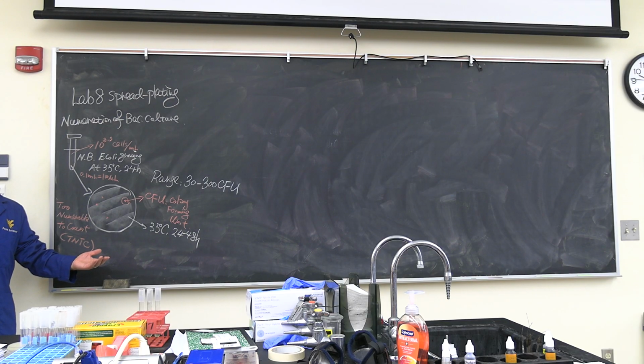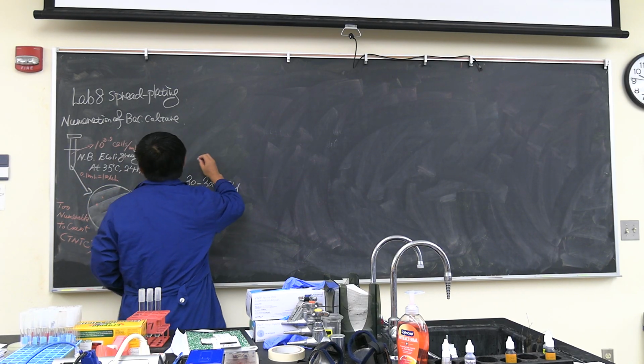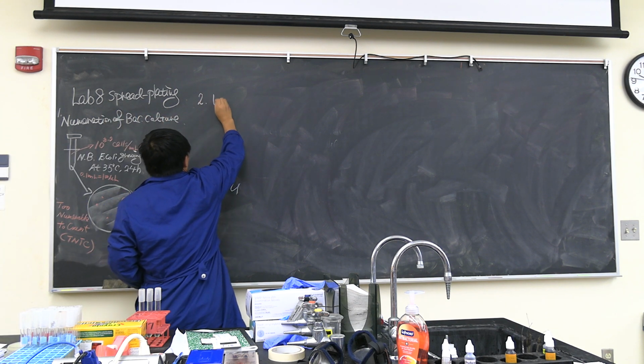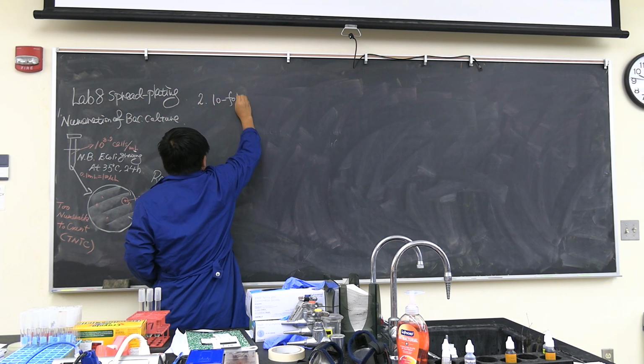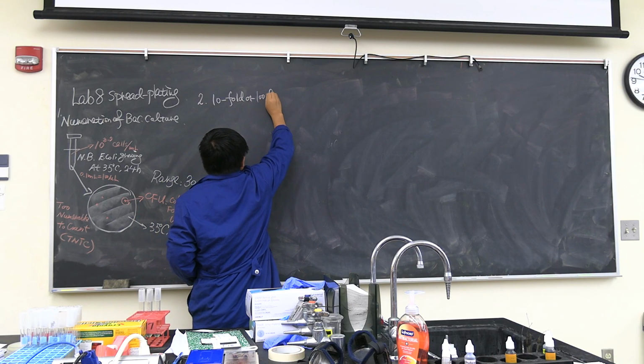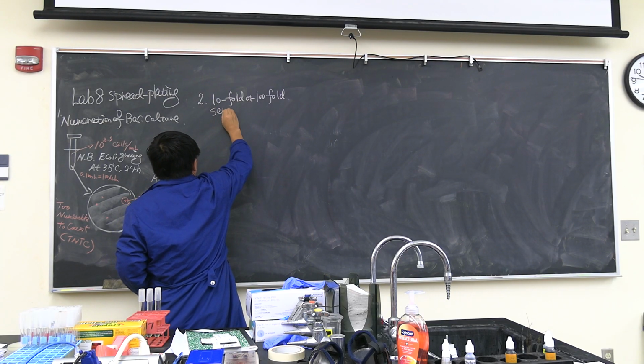Obviously, we should do a serial dilution. This is back to a very basic chemistry lab. How are we going to do serial dilution? Basically there are 2 different types: 10-fold or 100-fold serial dilution.